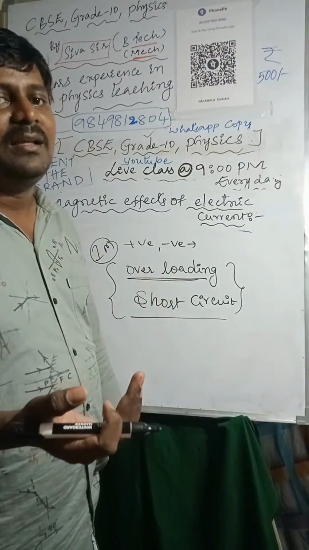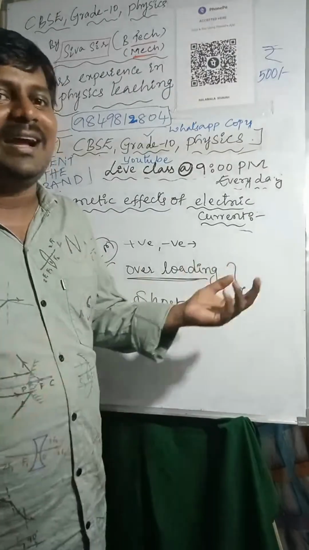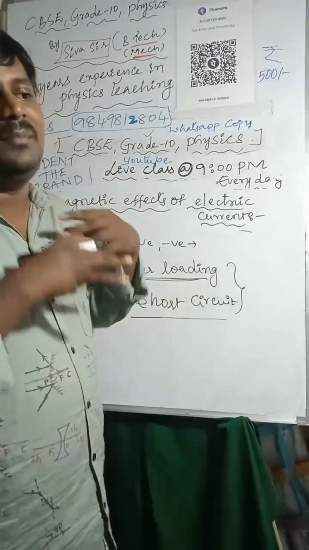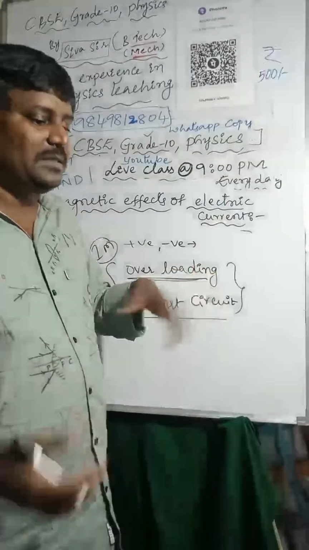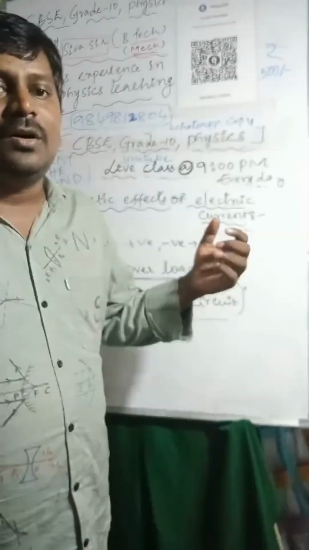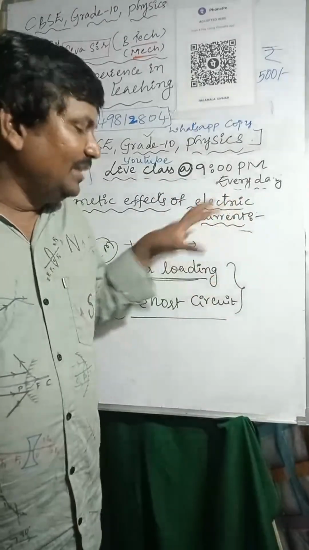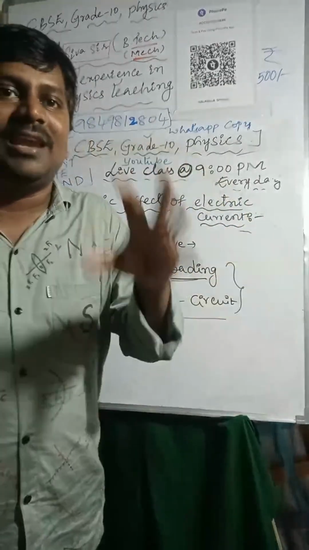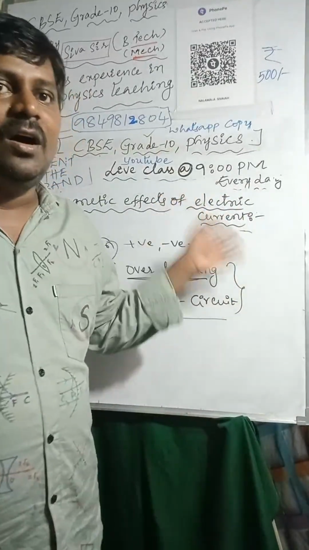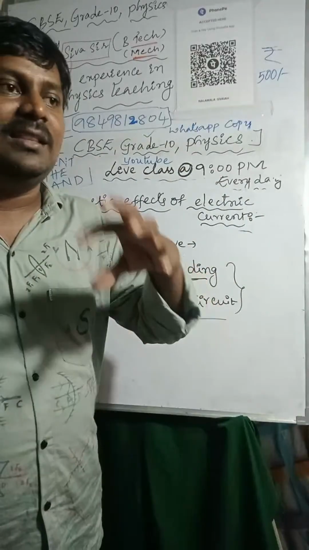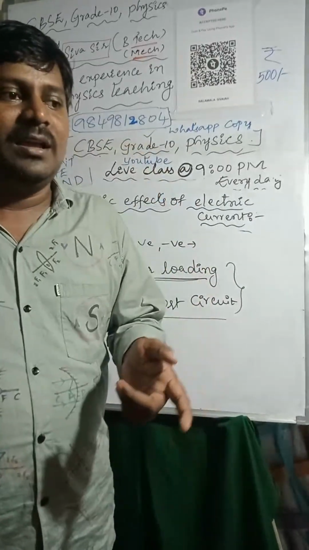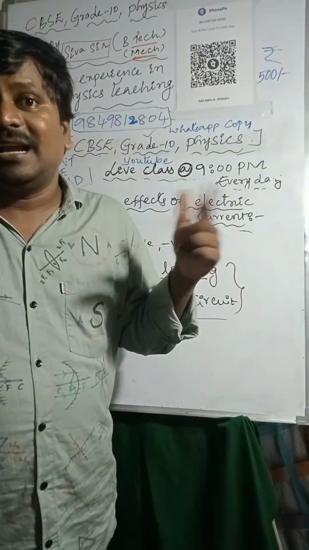Right now I can't tell exactly, because I have seen many papers, even board exams, over many years. In these areas they will ask the questions. Whatever I explained and discussed, they will pick the questions from these points. Short circuit, overloading, and AC and DC graphs they will give.